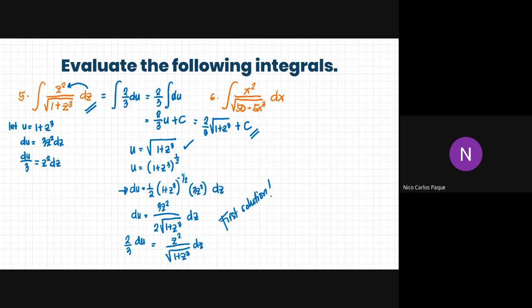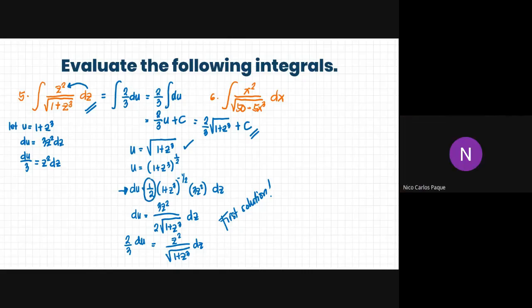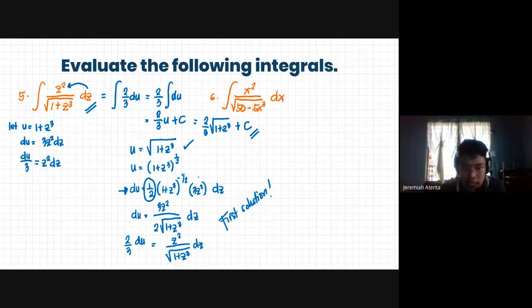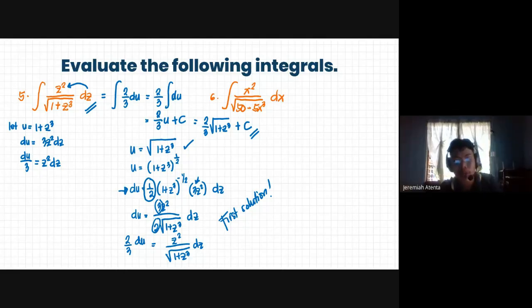Oo, kani nga 1/2 yung pasabot. 1/2 times 3, 3 halves. Okay. Ang kanang two-thirds sa two-thirds du, sir. Kay reciprocal. Gi-multiply man nato ang reciprocal para mawala si 3 halves. Okay, sige.